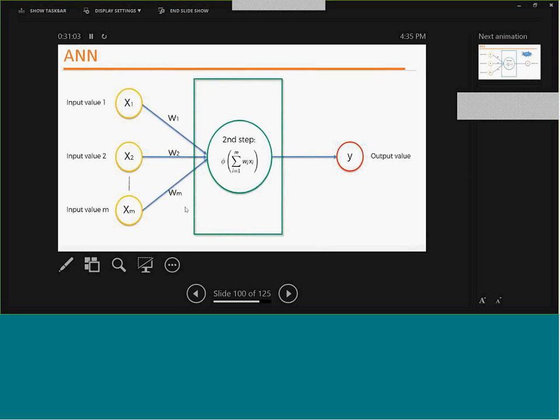We'll see there are four different types of activation function. What exactly the activation function is all about, what it does, we'll see in an upcoming slide. But as of now, just remember that X1 has weight W1, X2 has W2, likewise XM has weight WM. We multiply them and then we apply sigma, that is the activation function, and then finally it predicts the value Y.